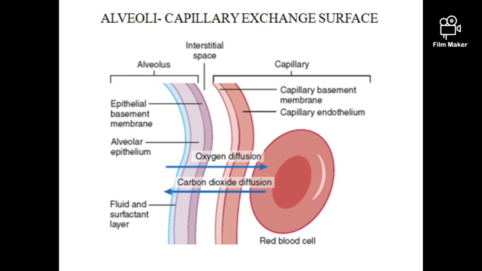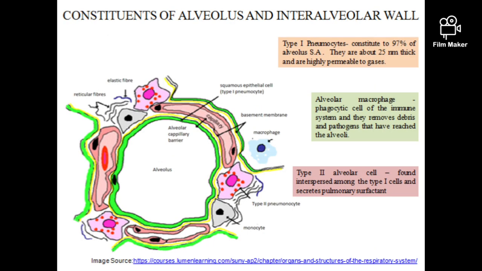So eventually carbon dioxide from the RBCs diffuses into the alveoli by the same mechanism. This is how gaseous exchange is happening in the alveoli capillary bed.